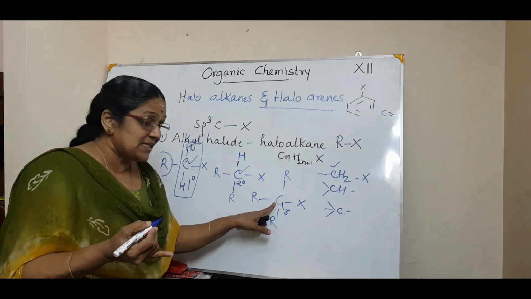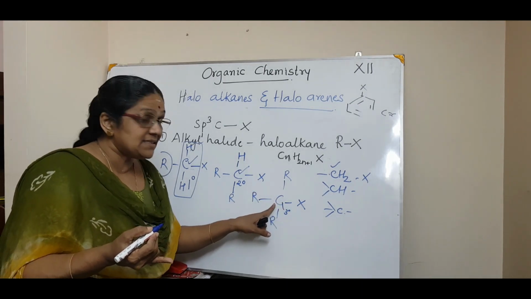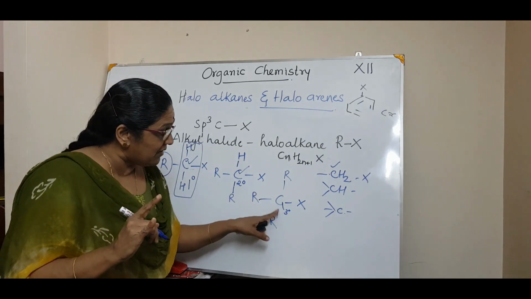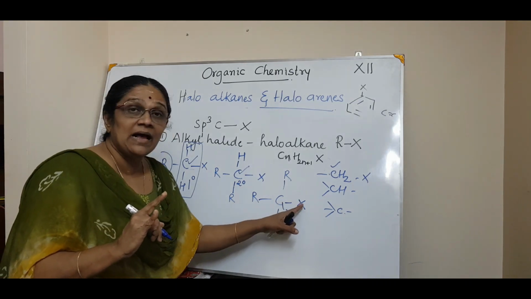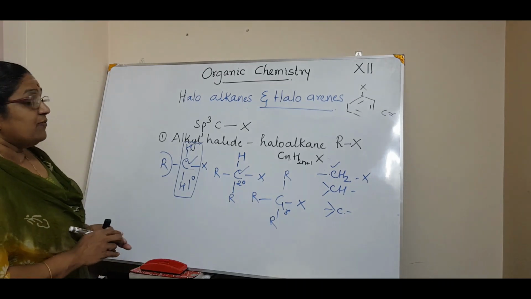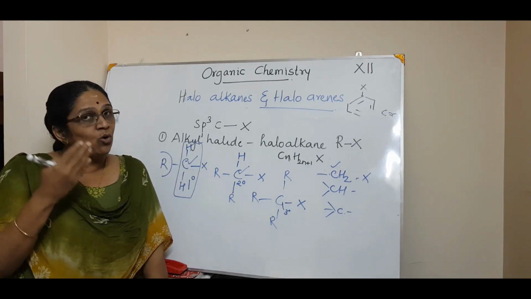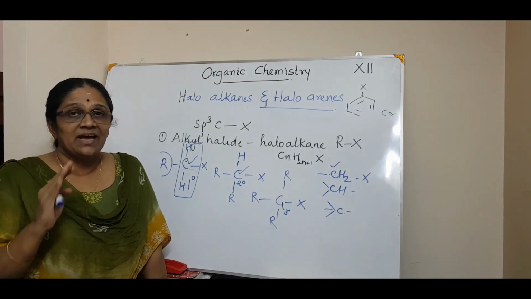That is why it is an sp3 hybridized state, because all are single bonds, and this is a tertiary carbon atom. Why tertiary? It does not have any hydrogen atom directly bonded. It only has the carbon-halogen bond. Clear? So once again I will tell you. The first classification was based on the number of halogen atoms, that is monohalogen derivative, dihalogen derivative and trihalogen derivative.